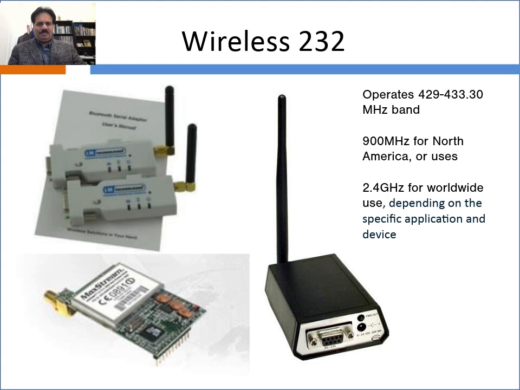And the wireless system, wireless 232, operates in the 429 to 433.3 megahertz band. This is the frequency of operation, and 900 megahertz is being used in the USA, and 2.4 gigahertz for worldwide use, depending upon the specific application and device.